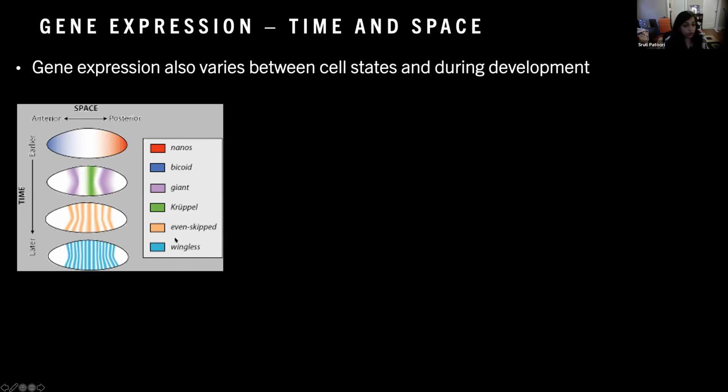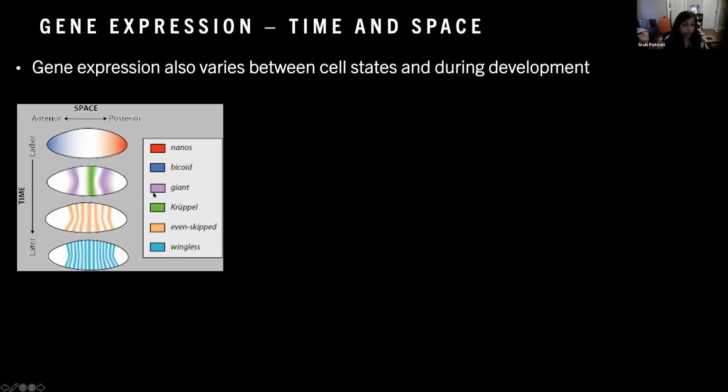And in all of these colors, we have the different gene names that are expressed in the Drosophila embryo. This is early in development, and this is later in development down at the bottom. So very early, we see these two genes, nanos and bicoid. They're expressed in these broad regions. We call them domains of expression on either end of the embryo.